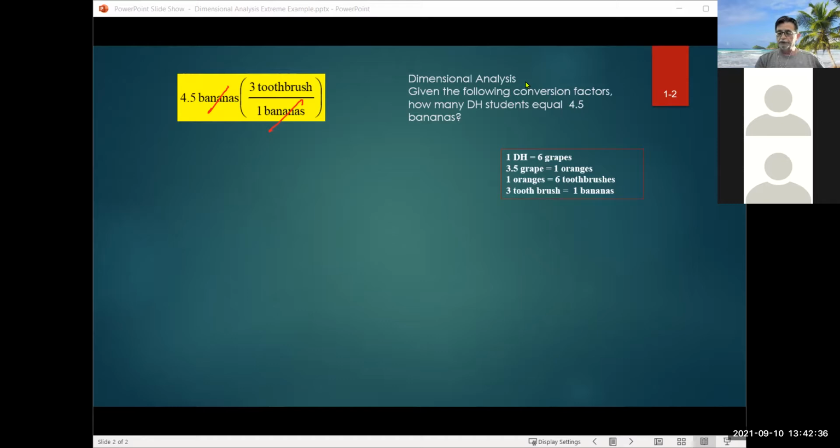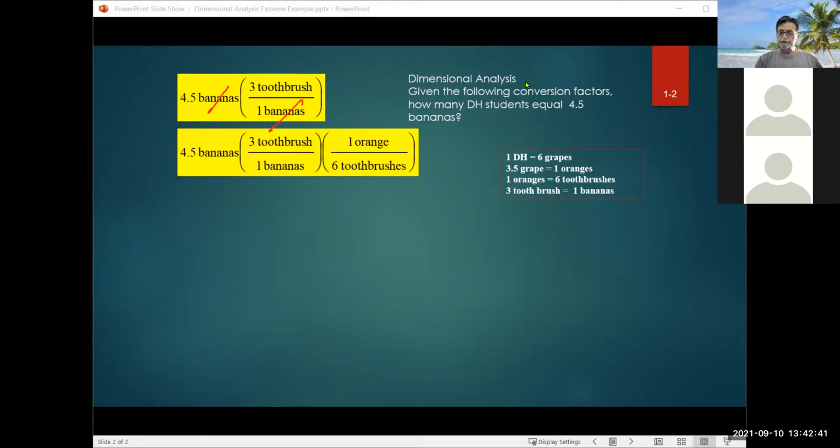So I look for another conversion factor that gets rid of toothbrushes. And sure enough, I have one: 1 orange to 6 toothbrushes, so those cancel. My bananas continue to cancel. At this point, with respect to units, I'm at orange. I have no concern about the numbers right now. I'm not doing any math.